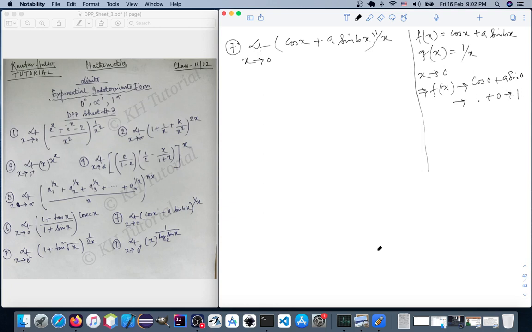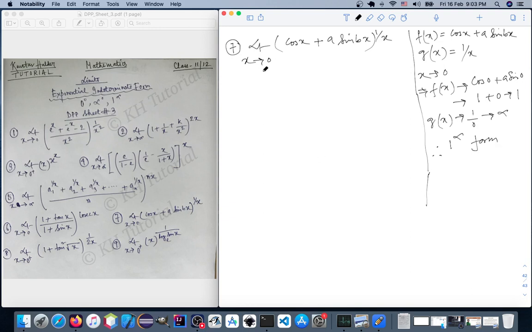So fx is tending to 1, and obviously gx is tending to 1 by 0, tending to infinity. So the form is 1 to the power infinity form.